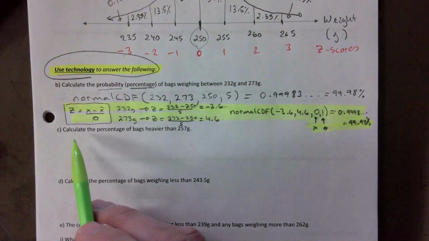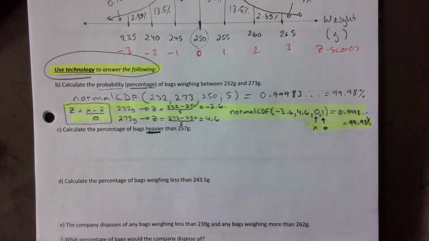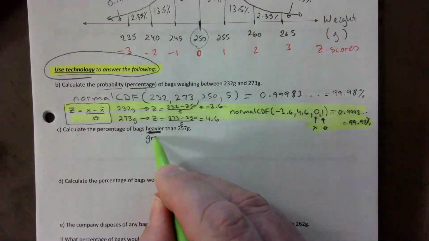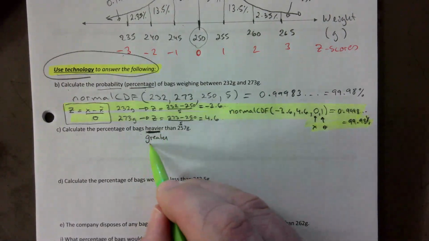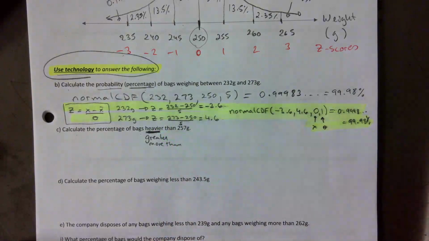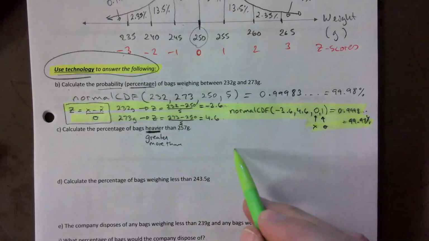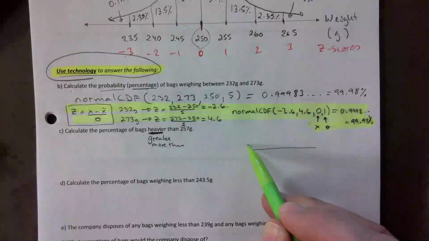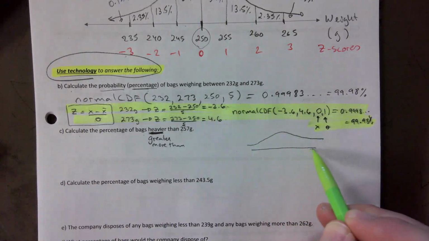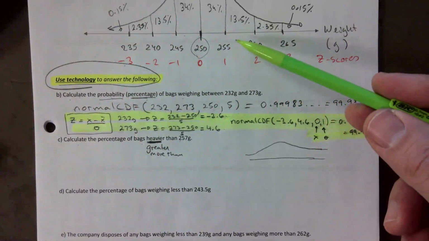All right, keep going. Calculate the percentage of bags heavier, greater, more than. Heavier, that's what it means. It's like everything heavier than this. So if you want to have a little bell curve here on the side, okay, where is 256 according to our graph?